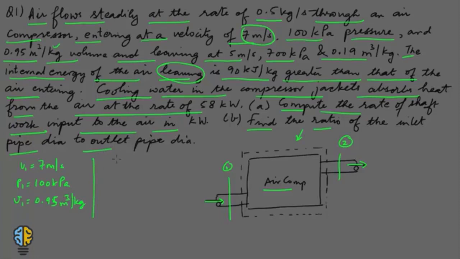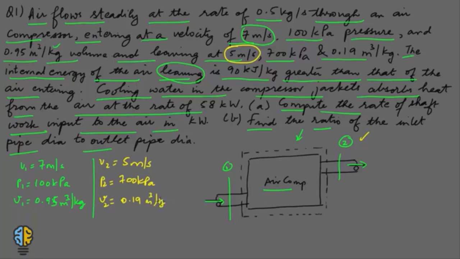Now let's find out the given data for section 2, that is here. So you have the exit velocity V2, it is 5 meters per second. The pressure P2 is 700 kPa and the specific volume v2 is 0.19 meter cube per kg.